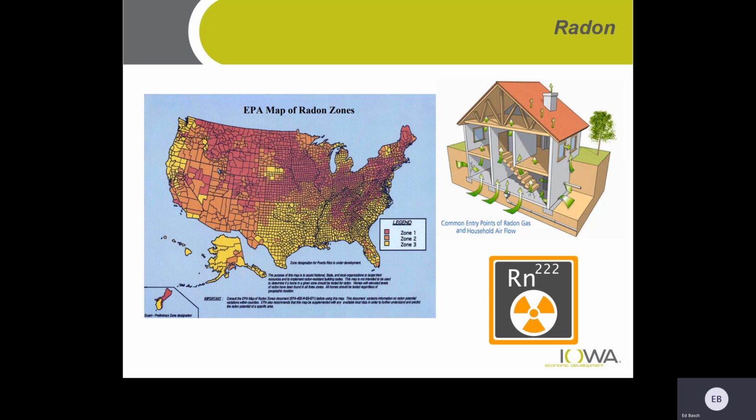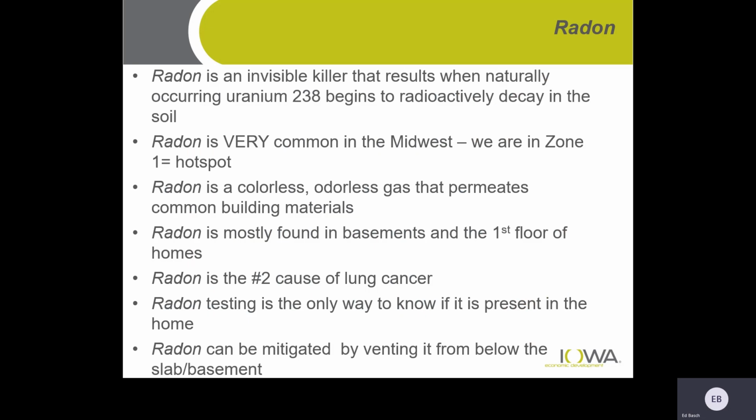All right, so radon. Iowa, I believe, has the highest radon soil content of any of the 50 states. You can kind of see how red Iowa is here on this map. So we have that problem here. The radon, you all know, I think, what it is and what it can do.